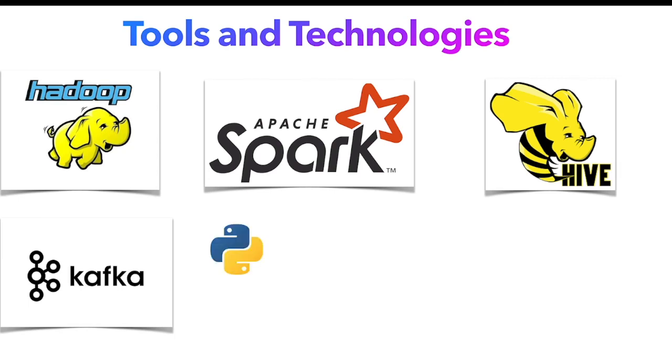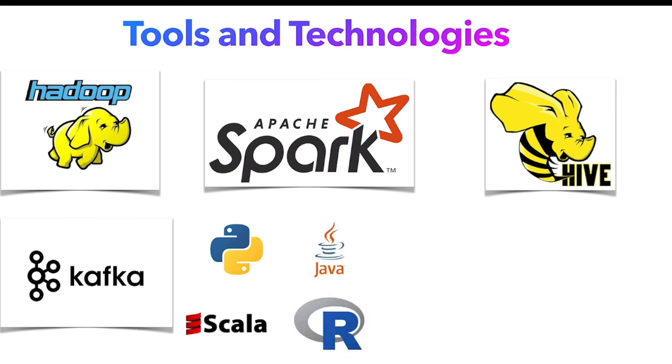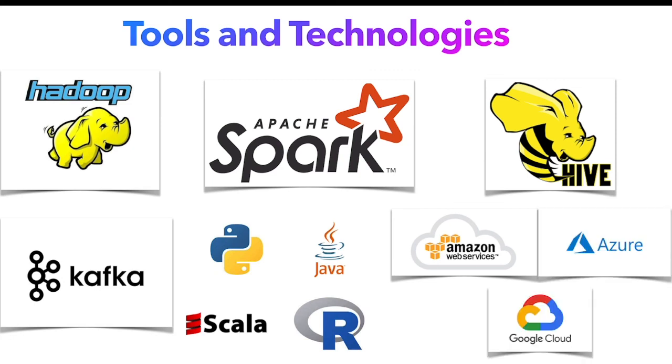Now, if we talk in terms of programming languages which help us to code in Apache Spark, we have Python, Java, Scala and R. All these four programming languages have the best supported APIs available for Apache Spark implementation. If we talk in terms of cloud platforms, we have Amazon Web Services, Azure and Google Cloud Platform.